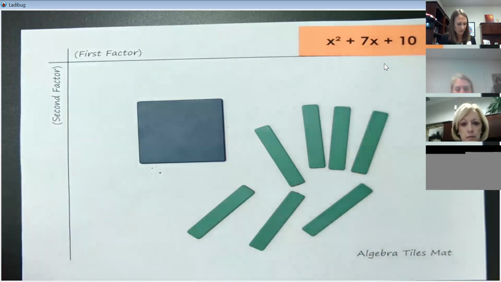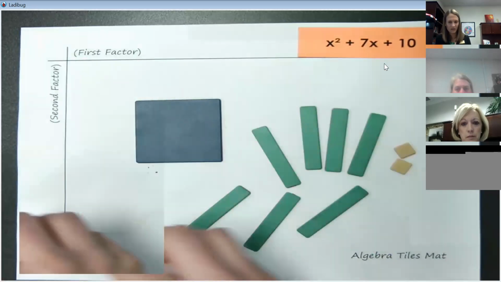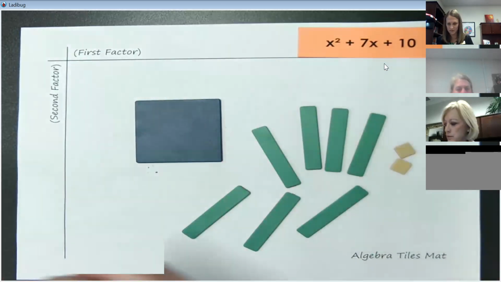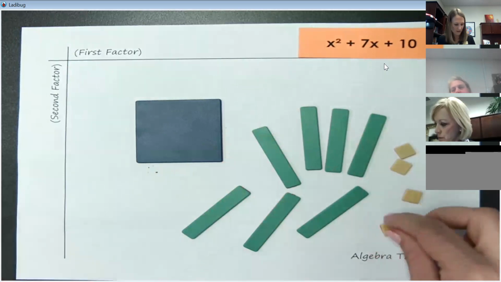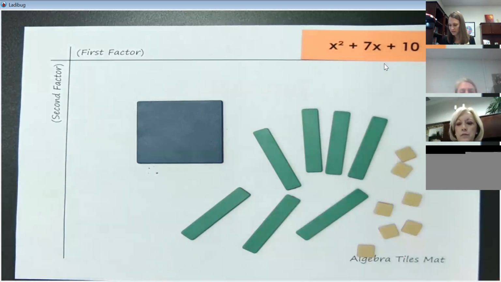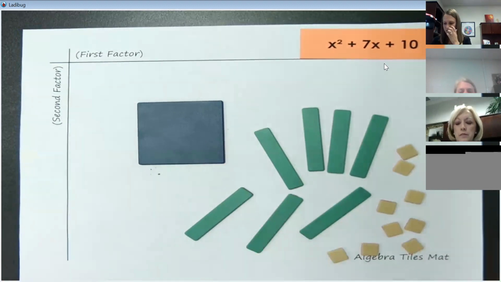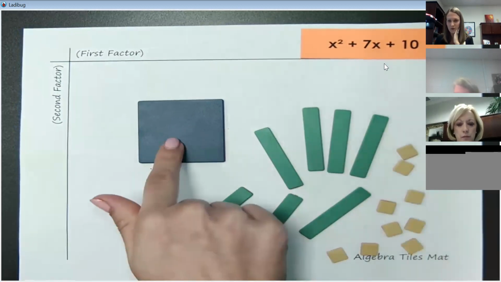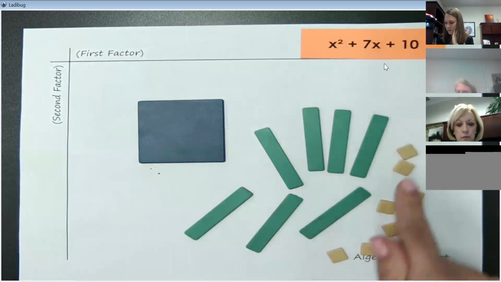And I have 10 positive units. So I'm going to go ahead and add 10 positive units. All right. So as I'm doing this, our goal is we want to know what the factors are. So what gives us this as our final product, knowing that I have x squared plus 7x plus 10?